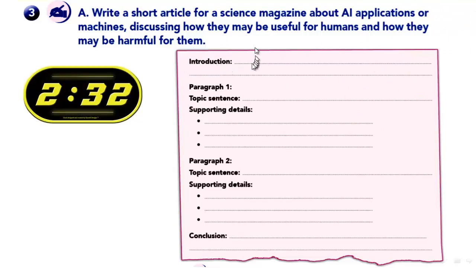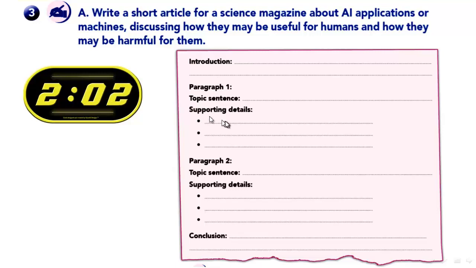You should write a good introduction relating to your paragraph. The second step, paragraph number 1: you should mention the advantages of artificial intelligence and the useful points that we discussed together about these machines.